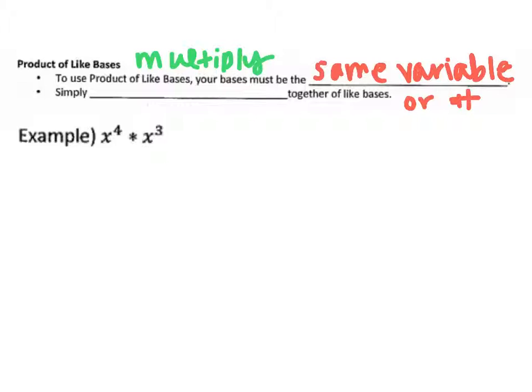You simply add the exponents together of the like bases.